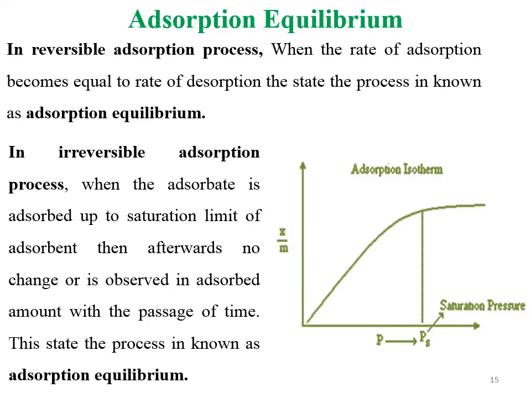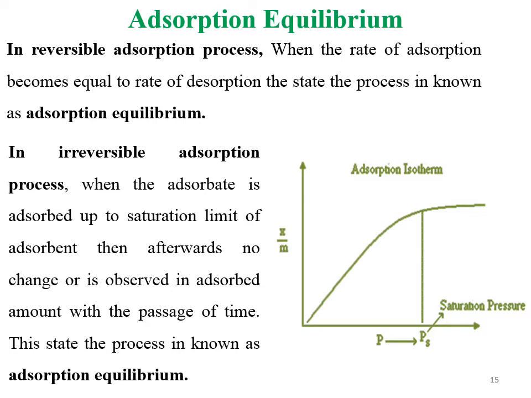However, in case of an irreversible process, the scenario is a little different. When an adsorbate starts to adsorb on the surface of an adsorbent, initially its rate of adsorption is greater due to availability of greater adsorption sites.